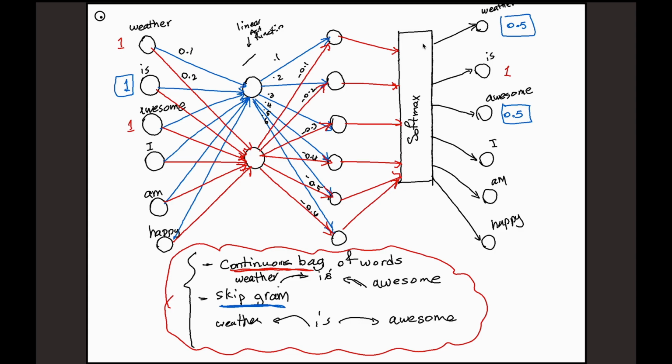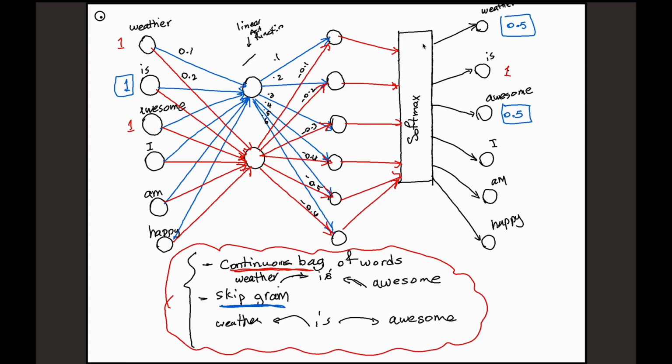For example, for "whether is awesome," the input is "whether" and "awesome." So given "whether" and "awesome," you're trying to predict "is." So that is going to consider the context, because the before and after words are going to play a role here when the weights are being updated.